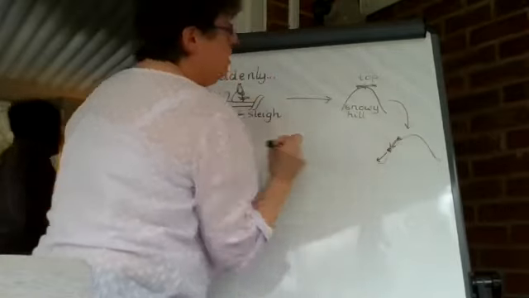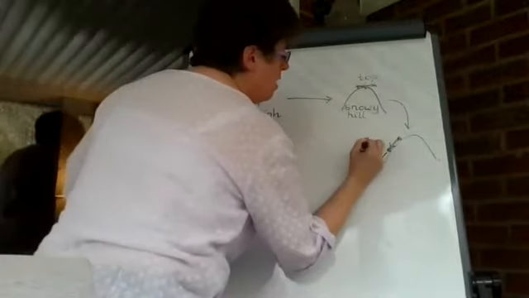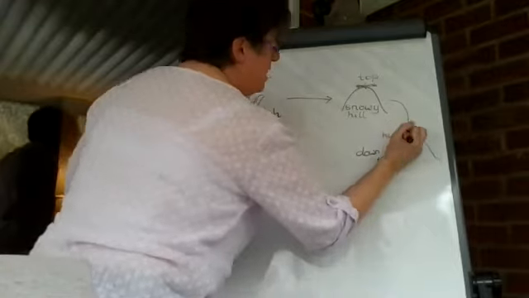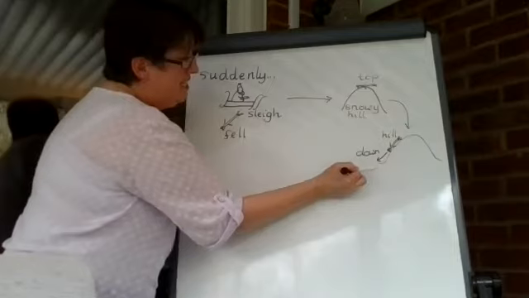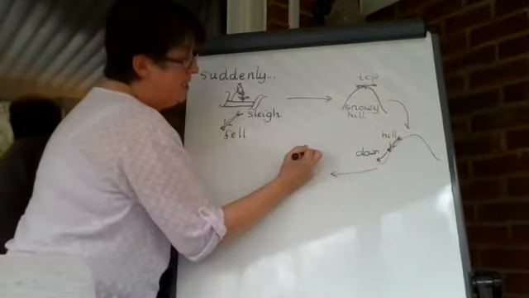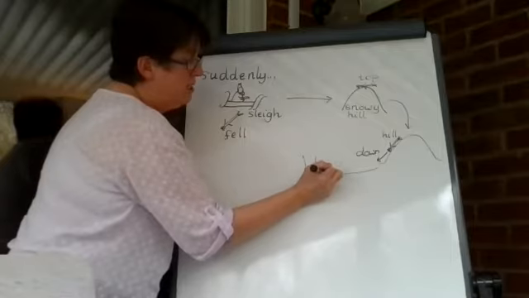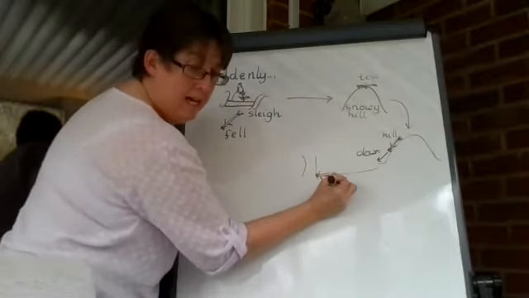There he goes, down the hill. Add in some words, so down and hill, to remind me what's happening there, until he lands with a bump against something hard. Bump.